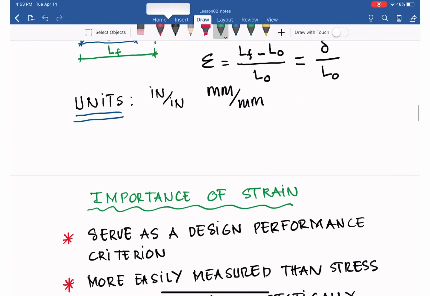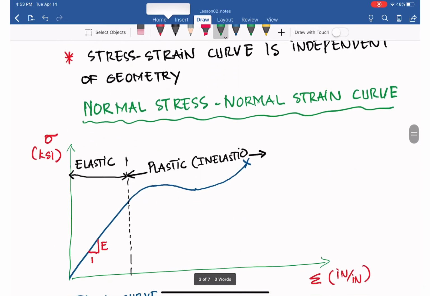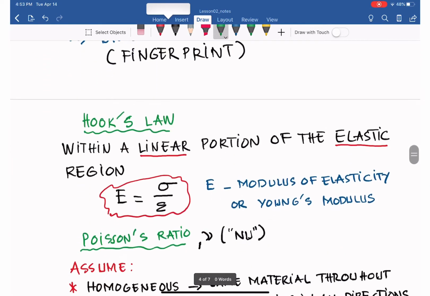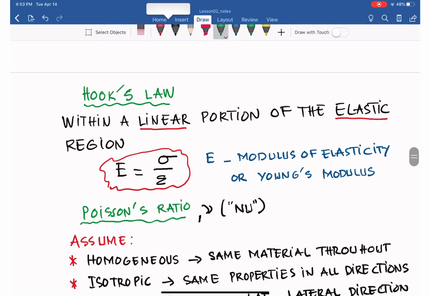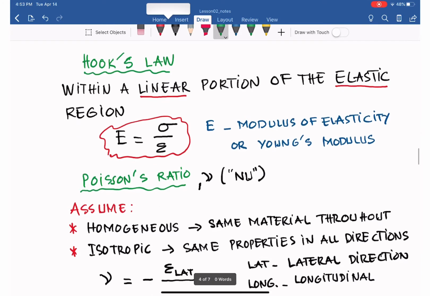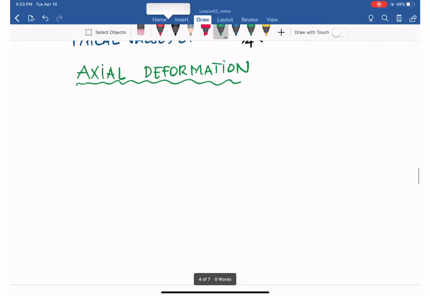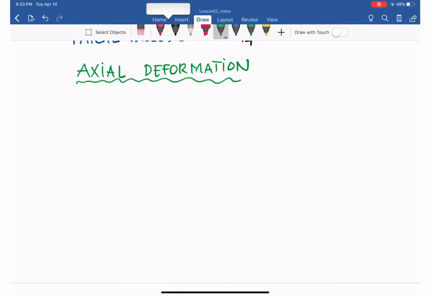And then we also have an equation for the modulus of elasticity, or Young modulus, E equals sigma over epsilon. So let's write down here: epsilon, the normal strain, equals the deformation over L naught.